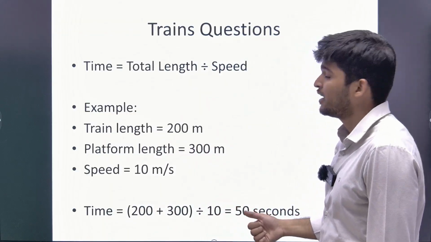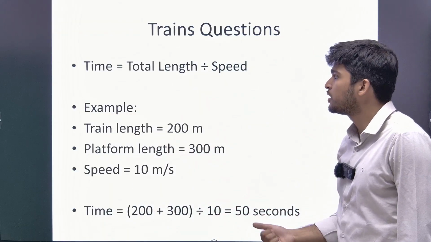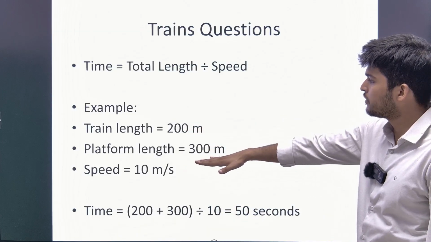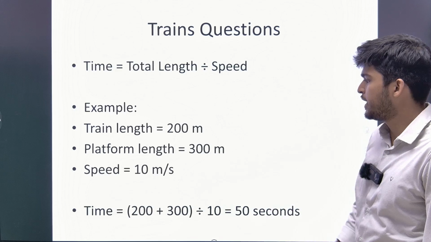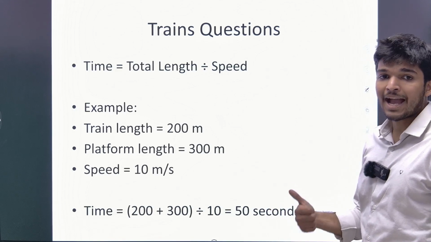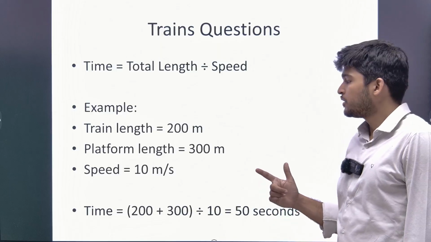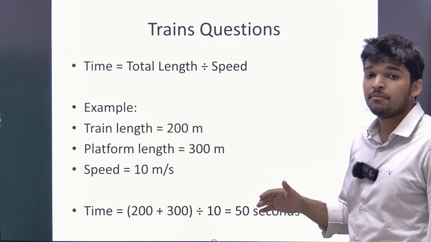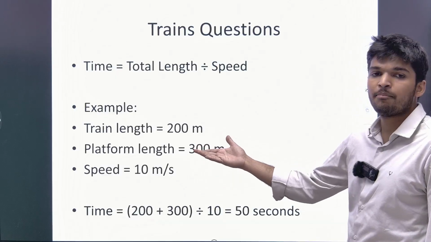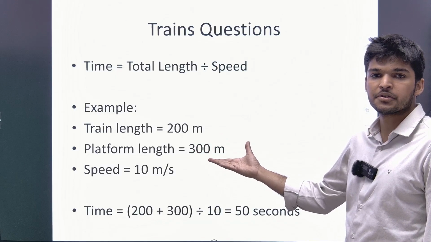In this question, we have been given the length of the train, the length of the platform, and the speed. Here we have to calculate the time that the train will take to cross a platform of length 300 meters.